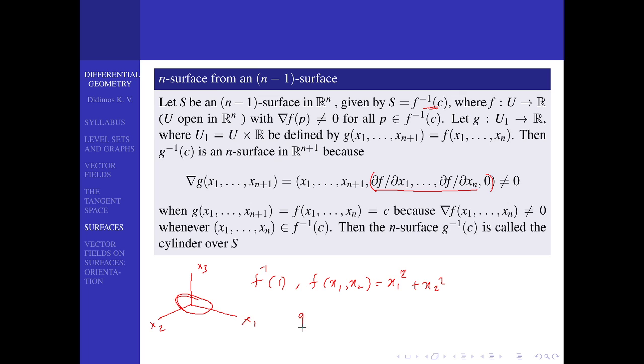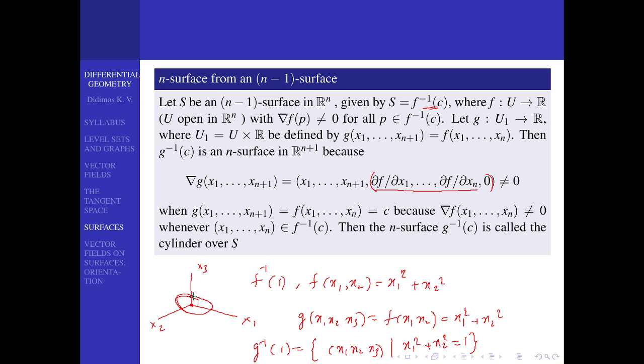Now we define g of x1, x2, x3 the same as f of x1, x2 by definition, that is equal to x1 square plus x2 square. So this defines g inverse of 1 equal to the set of all x1, x2, x3 such that x1 square plus x2 square is equal to 1. At x3 equal to 0 we get this circle.